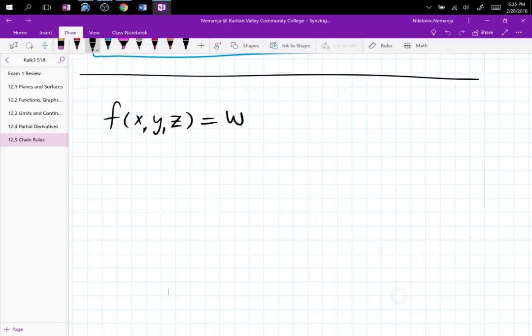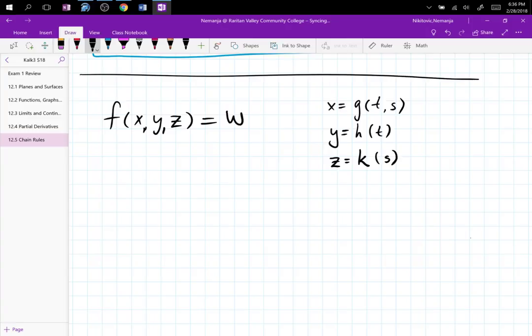And let's say that your x is a function of t and s. Y is a function of just t. And z is a function k of just s. Let's say this is what you have.